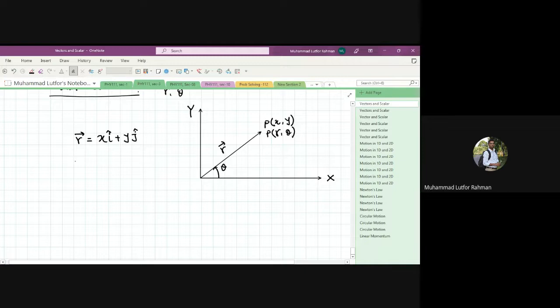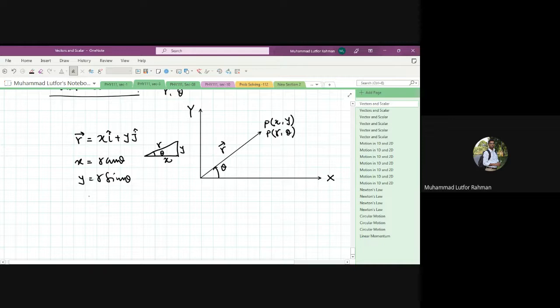And we can also find that x equals r cos theta and y equals r sin theta, right? Because this is a right angle triangle where this is your angle theta, this is the r magnitude, this is your y, this is your x. Then you can find the relation for x and y.